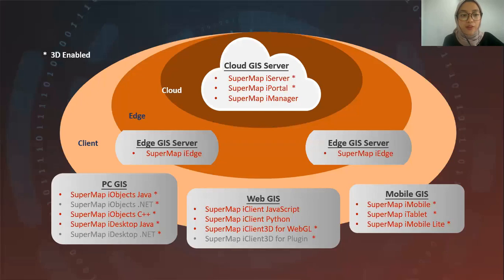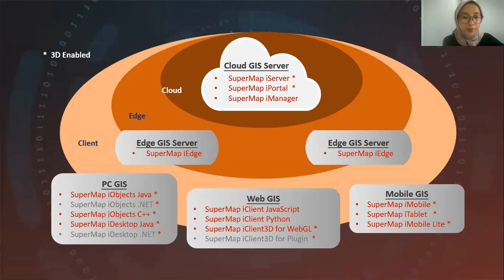On the client side, we have the PC terminal. We have iDesktop here for data preparation and spatial analysis, either 2D and 3D analysis, or raster and vector, and also we have WebGIS. The iClient here means that iClient is the SuperMap framework to do web development.